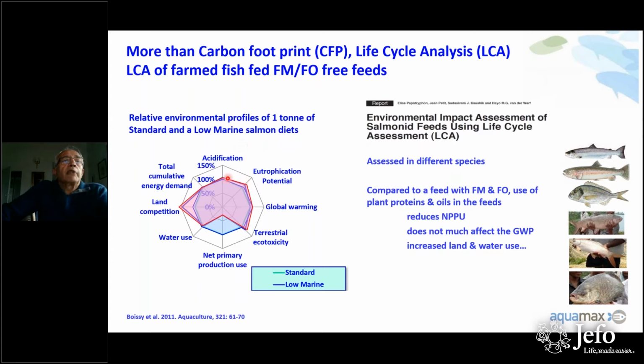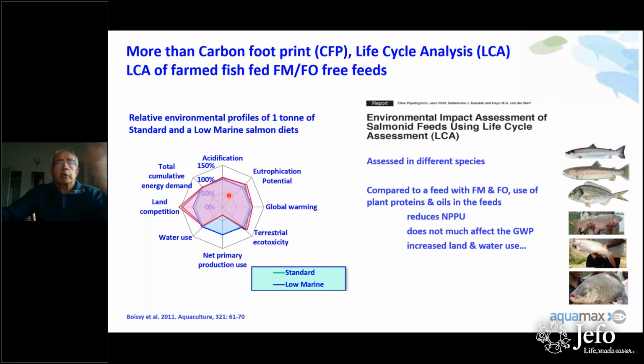So you have very similar things, different criteria which are used: acidification, eutrophication potential, global warming potential, terrestrial ecotoxicity, net primary production use, which is very much linked with phytoplankton, water use, land competition, and so on.